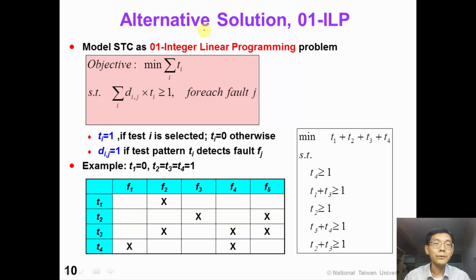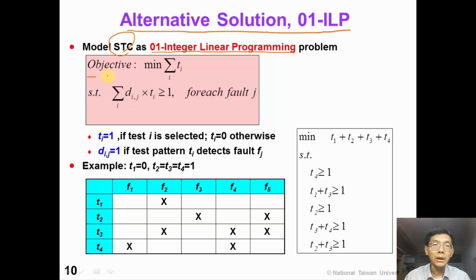Alternatively, if you don't want to use McCluskey's algorithm to solve this problem, it can also be solved by 0-1 integer linear programming. We can model the static test compression as a 0-1 integer linear programming problem.